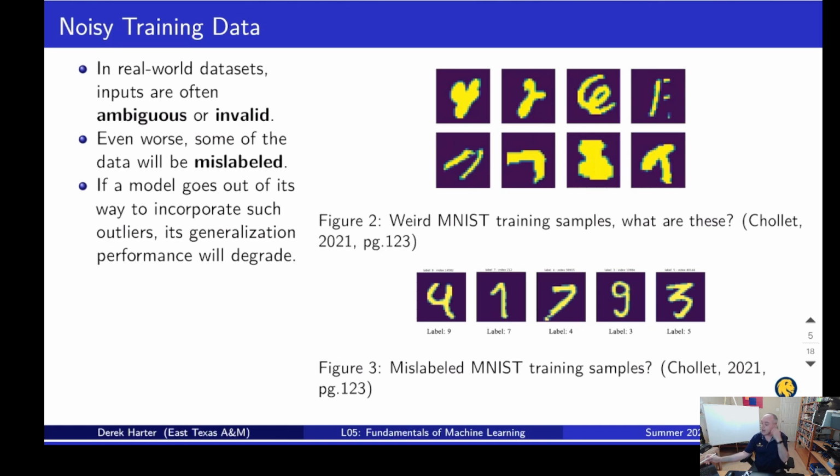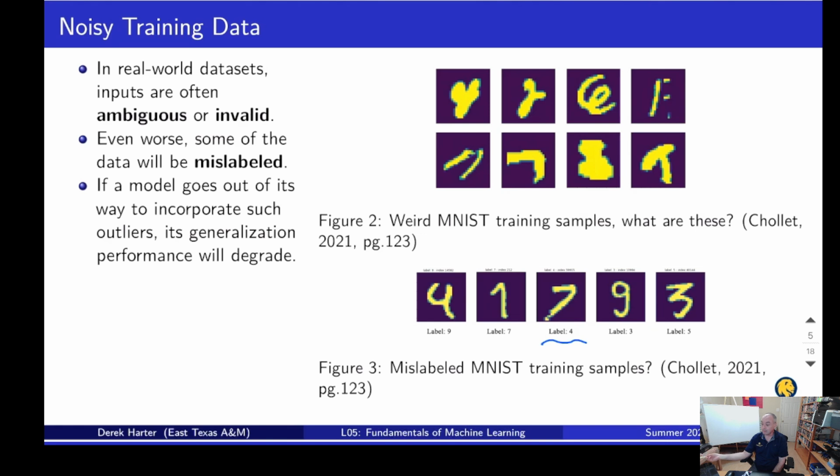Unlike the ones on the bottom here, where we could probably tell what they should have been. For example, this one right here is probably clearly mislabeled in the MNIST data set. Somebody said this was a 4, but it was actually a 7.